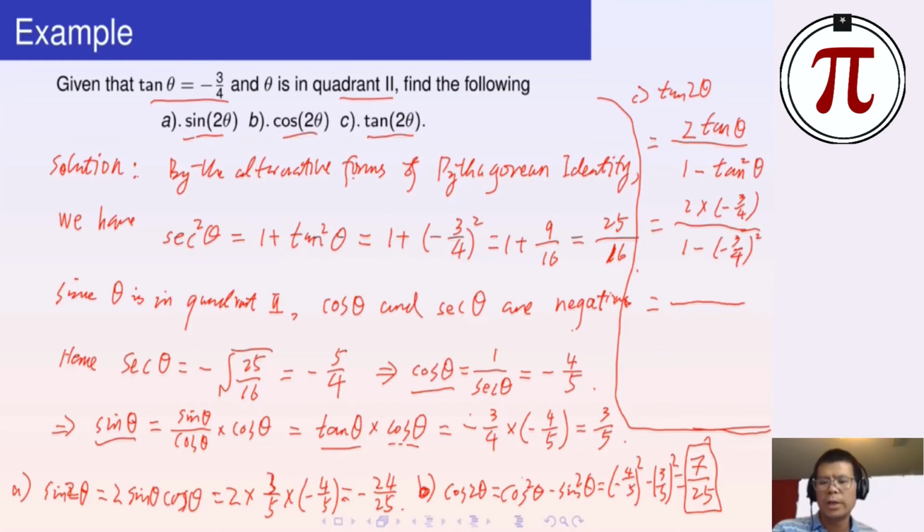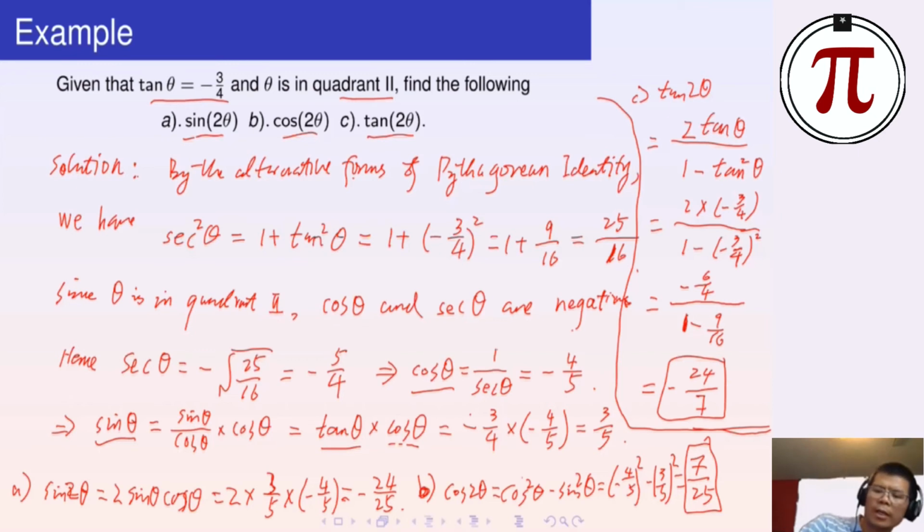On the top is negative 6 over 4. Well, you can use a calculator to find this one. On the bottom is 1 minus 9 over 16, which is 7 over 16. Okay, so you can find this one. It's negative 24 over 7. So that is going to be tangent 2 theta.